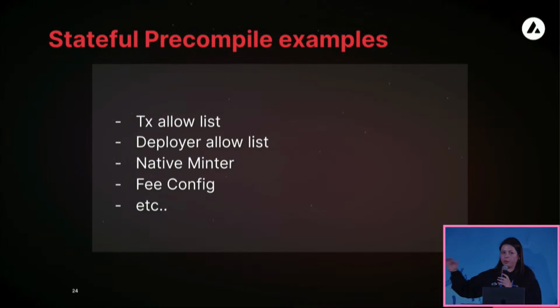Before this precompile, you would need to go for a network upgrade. But if you activate this precompile, you can say that a contract is going to handle it. Of course, these contracts will have an admin, and you can do it however you want. But this allows you to customize the execution layer of your blockchain without needing to go to an application level.